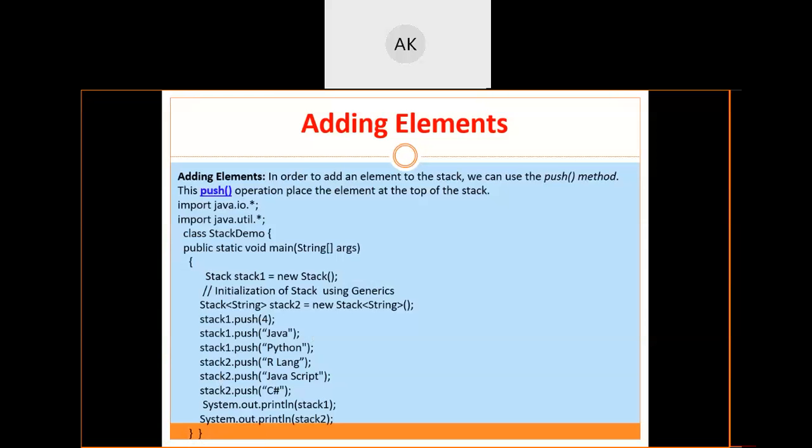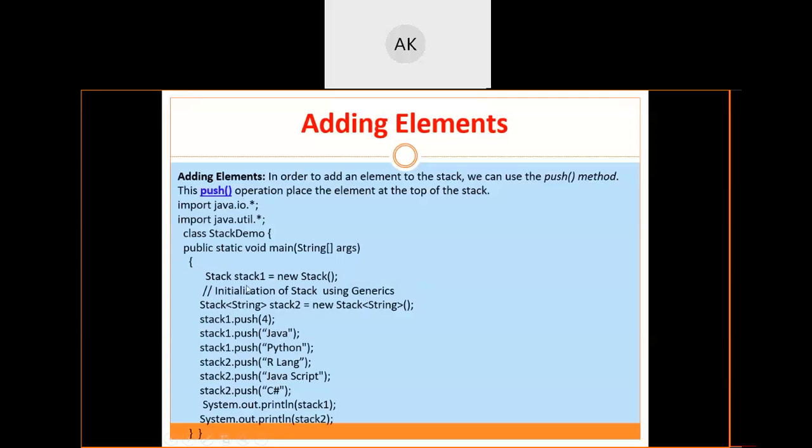For that I created stack2, and accordingly I push the elements into the stack. Using the first stack object, stack1.push, I push Java, Python, like that. And using the second stack object, I push Python, R language, JavaScript, C#, right? When I print stack1 and stack2, accordingly we get the output, right?